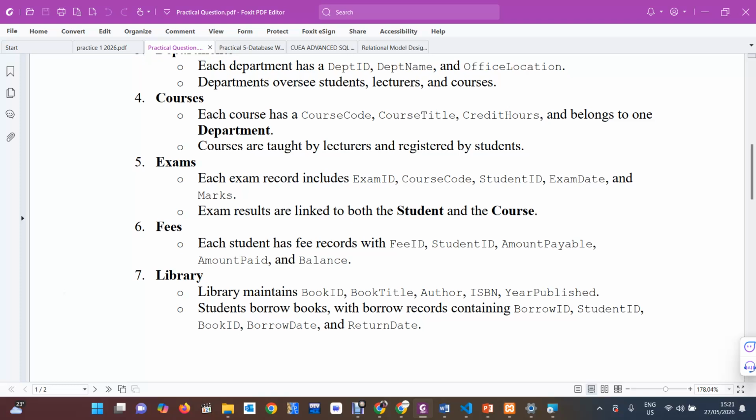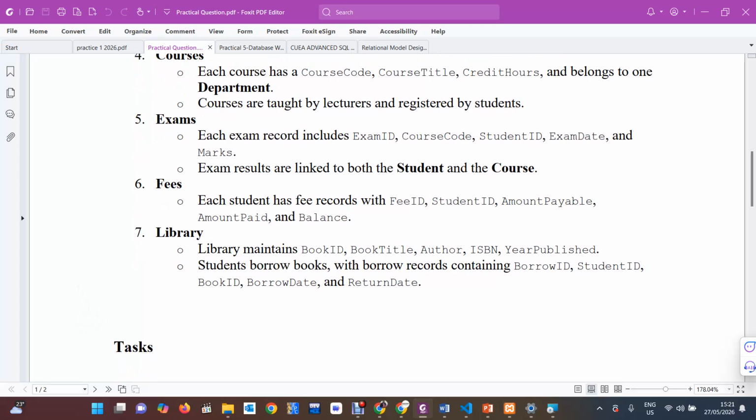Exams. Each exam record includes exam ID, course code, student ID, exam date, and the marks allocated. Then we have the exam results, which are linked to both the student and the course. With the fees table, each student has a fee record with the fee ID, student ID, amount payable, amount paid and balance.